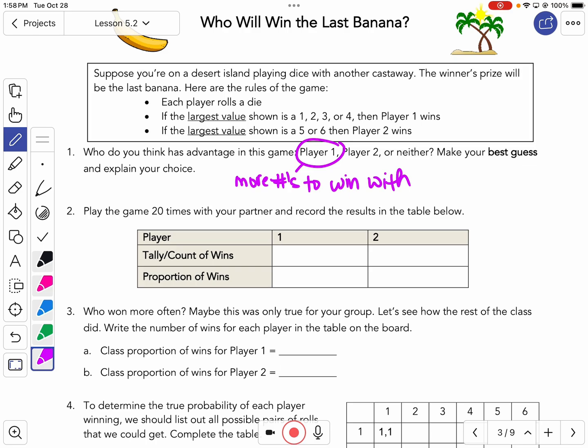Keep up with how many times you've done it, because you want to do it 20 times. Got one more roll.